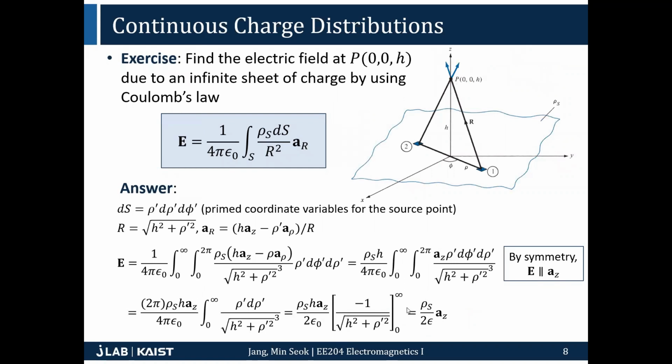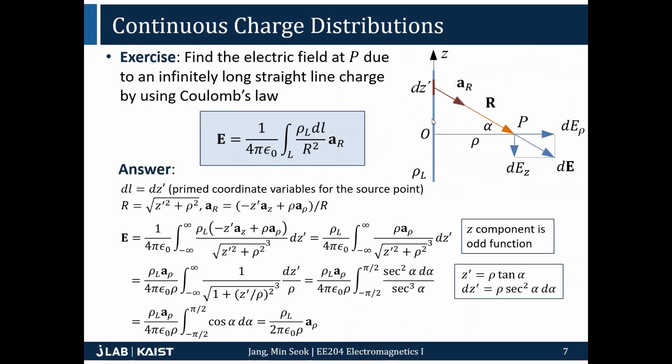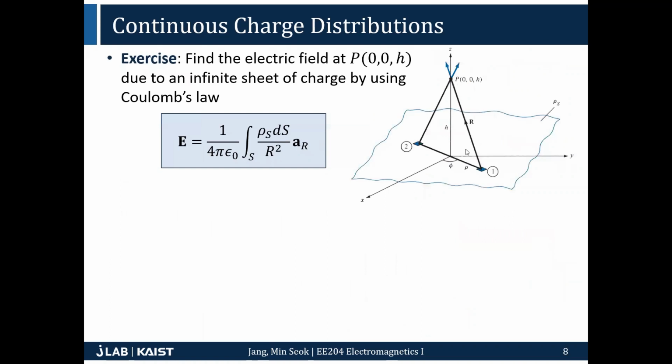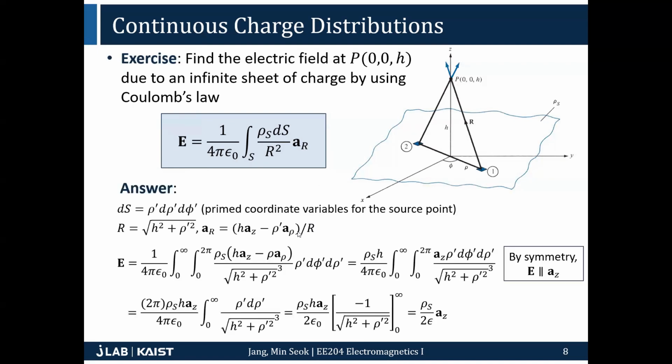And that is because your source dimension increases. Your source dimension goes from 0 to 1-dimensional to 2-dimensional. So as your source dimension increases, the dependence of the electric field on the distance goes down by a factor of 1, right? Which makes sense.